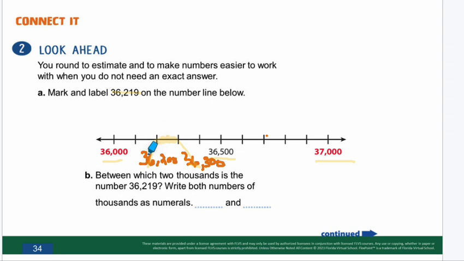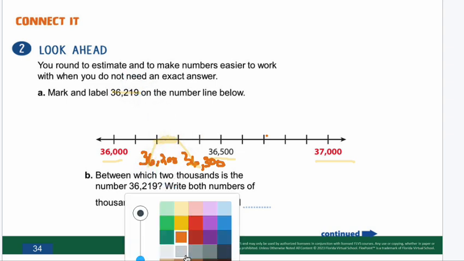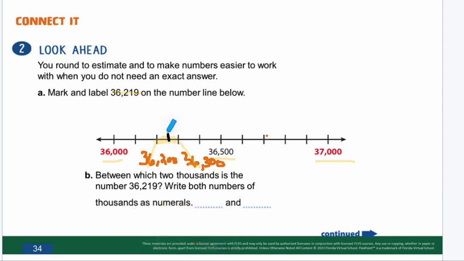This one goes here. Okay, so where would 19 be here? Well, I know that right here, if I were to cut it in half, this is probably about 250. So 19 might be right there. So I'm going to say 36,219 would probably be right there on my number line.